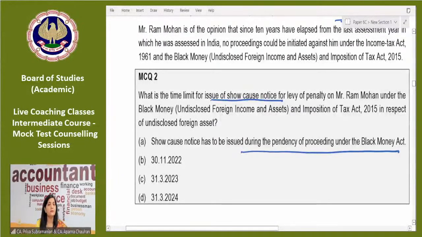Before levying any penalty, you have to ask the assessee why the penalty would not be leviable on him. For that purpose, the show cause notice has to be issued during the pendency of the proceedings. Proceedings are pending when a notice is issued and initiated.